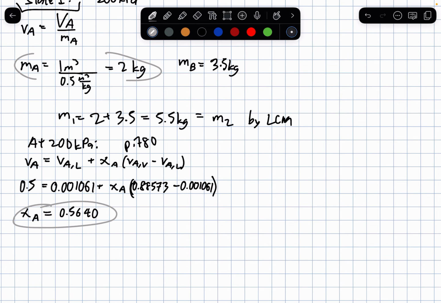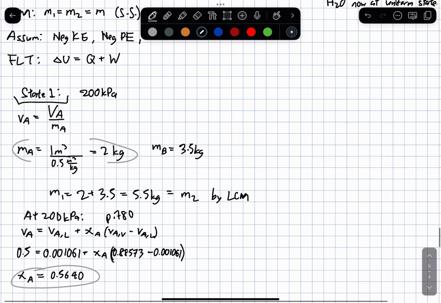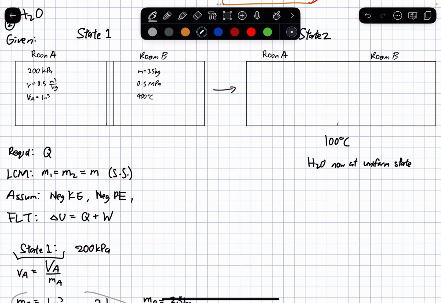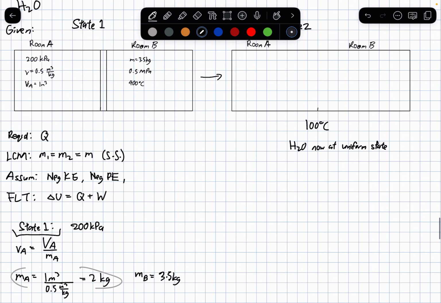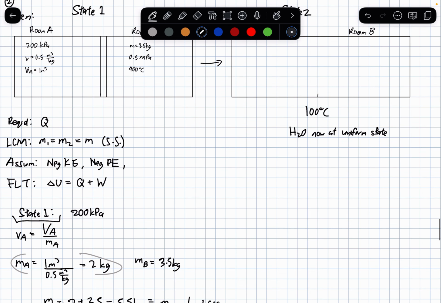We're able to prove it. The question now is, maybe that could be useful later on for something. For room B, 0.5 megapascal, 400 degrees Celsius.